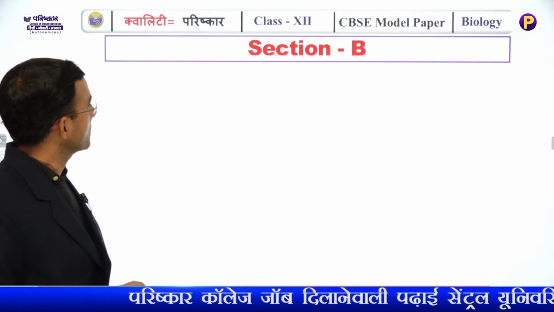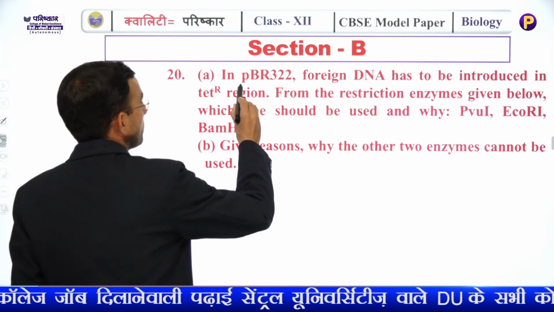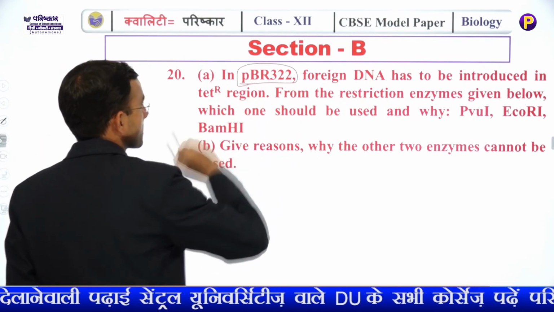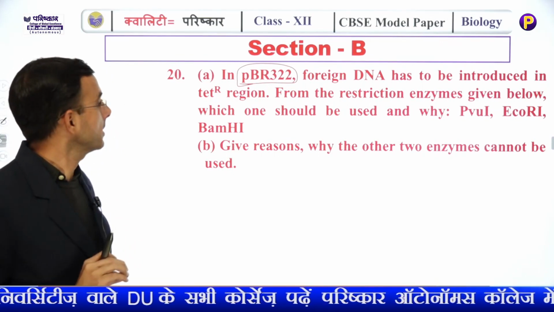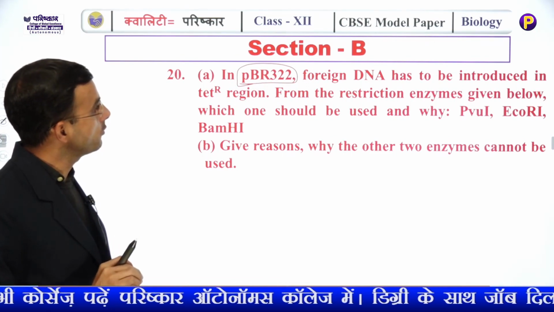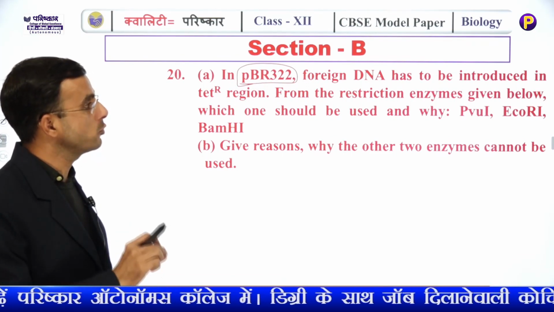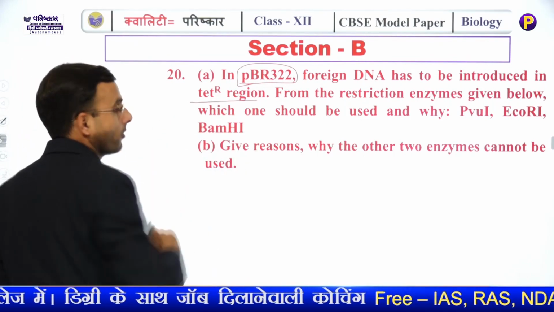Now, the next question is from biotechnology, and as we already discussed, that is the artificial plasmid developed by human beings. In pBR322, foreign DNA has to be introduced in the tetracycline region. Why?